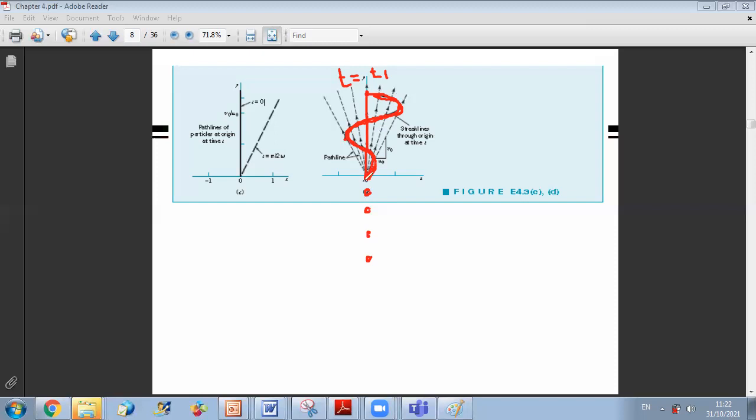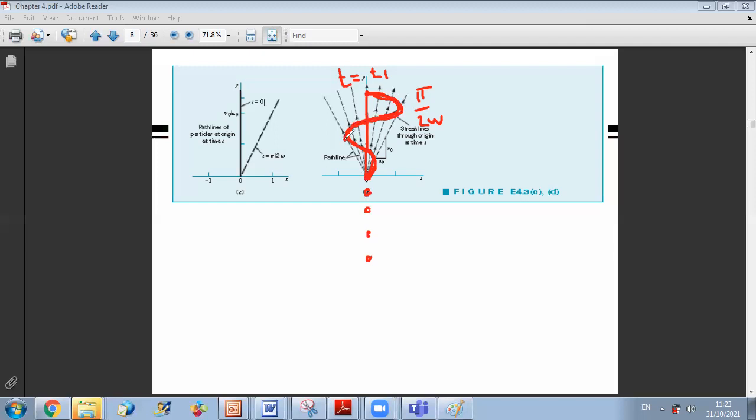Okay, so you have, let's say, for time between 0 and pi over 2 omega, if these particles are generated between 0 and pi over 2 omega, you will track them here along these lines. Then between pi over 2 omega and pi over omega, you will see this line, and then between pi over omega and 3 pi over 2 omega, you will see this.